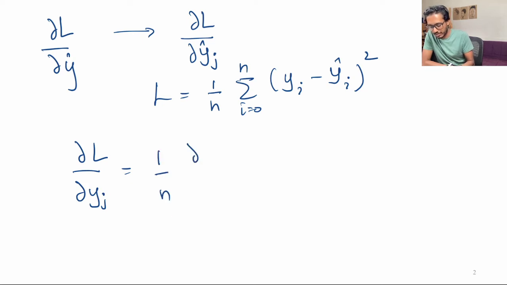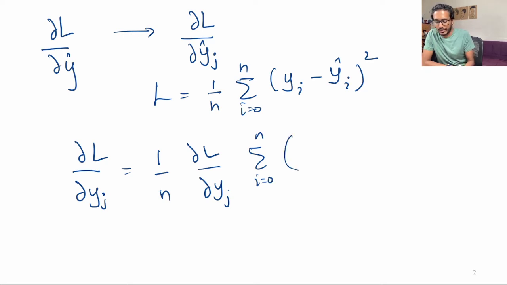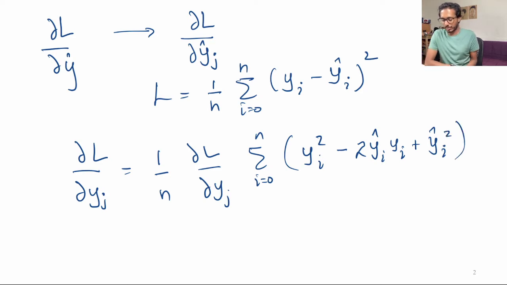So 1 over n, the partial of L over yj hat. We keep our summation as it is, but then we expand our square: yi squared minus 2 yi hat yi plus yi hat squared. Let me analyze this in green colored pen.